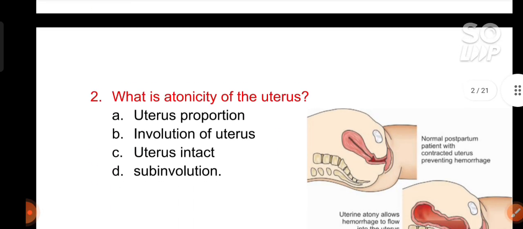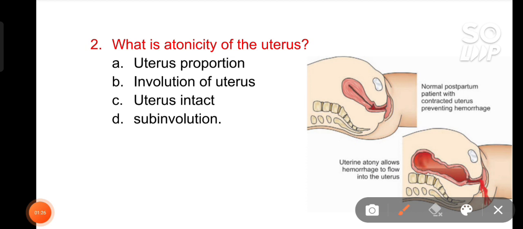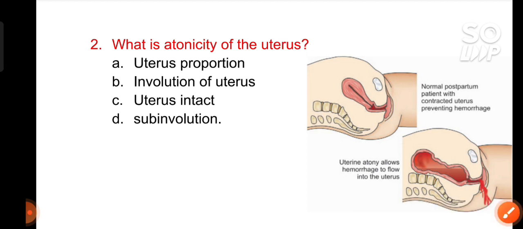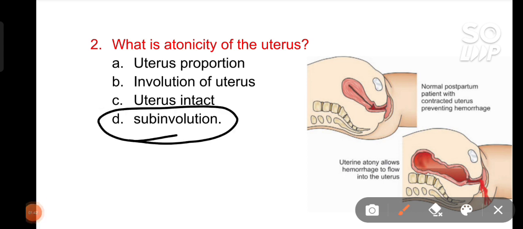The next question is, what is atonicity of the uterus? The options are: A, uterus proportion, option B, involution of uterus, option C, uterus intact, option D, subinvolution. The right answer is subinvolution. Subinvolution is the failure of the uterus to return to its normal structure.